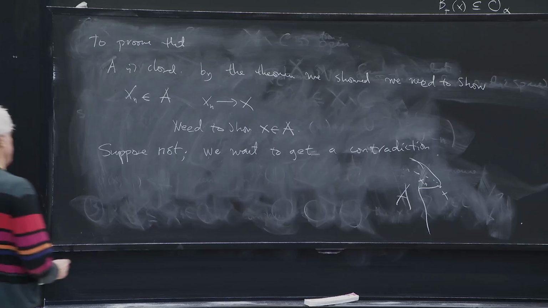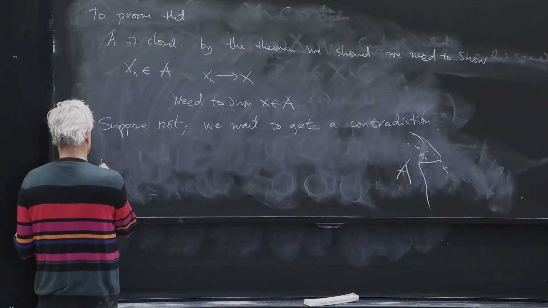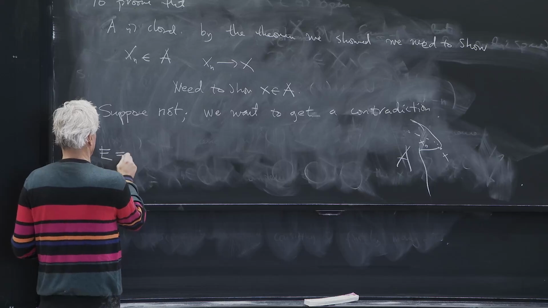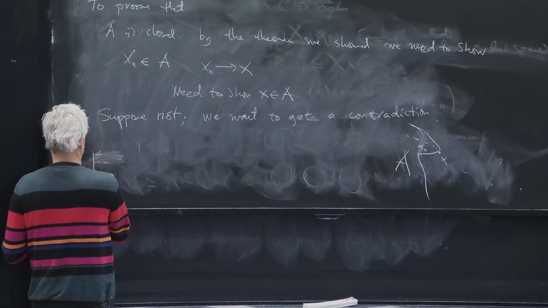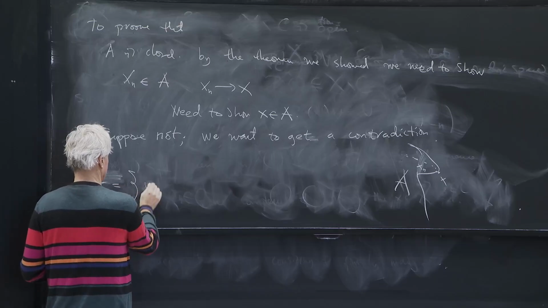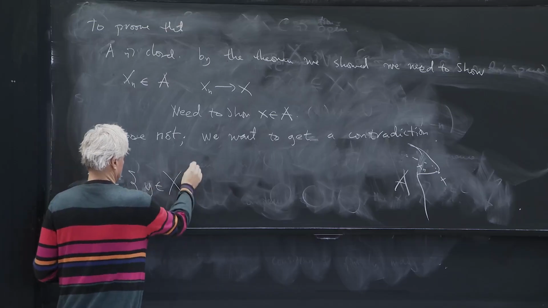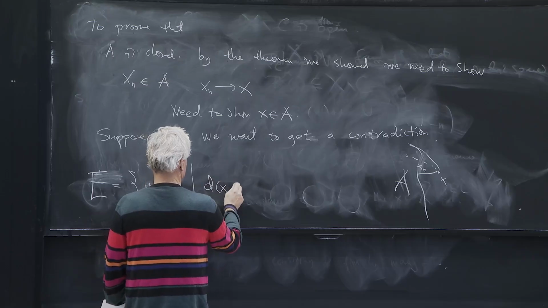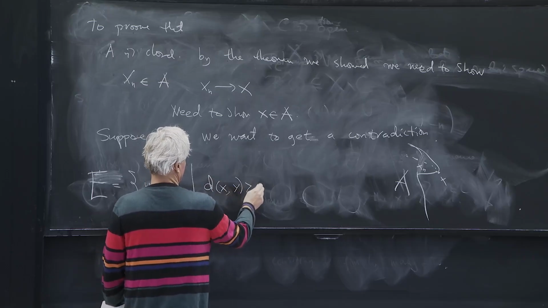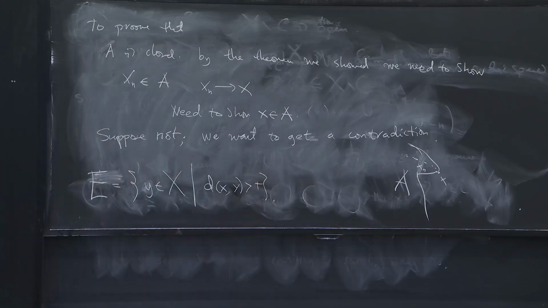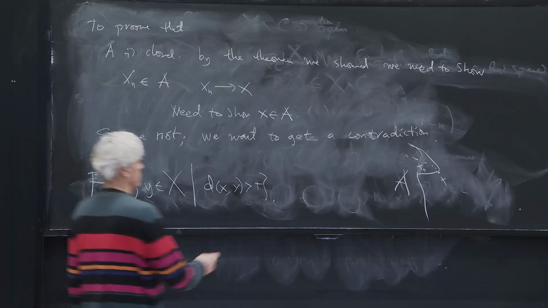Well, we saw earlier that we defined something called E here, which is the set of y in X so that the distance from x to y is strictly bigger than r. Then we showed that this here is an open set, for each r.